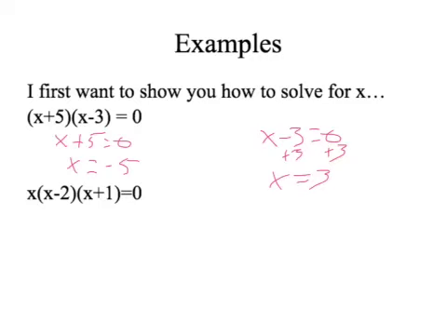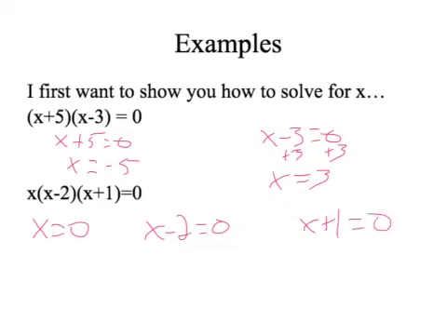However many x's there are, you have to set all of them equal to 0. So I have an x on the outside, you just set it straight equal to 0. And then I have an x minus 2, set that equation equal to 0. Then you have an x plus 1, set that equal to 0.